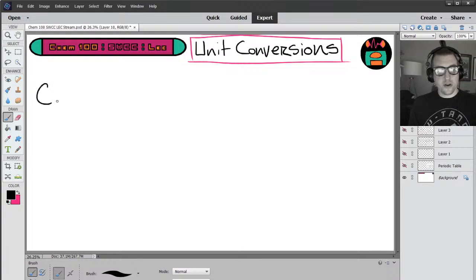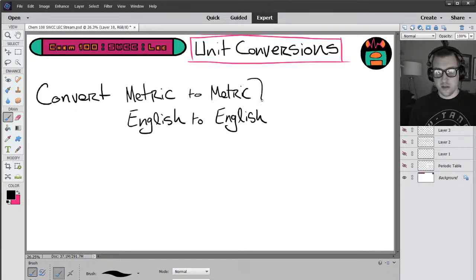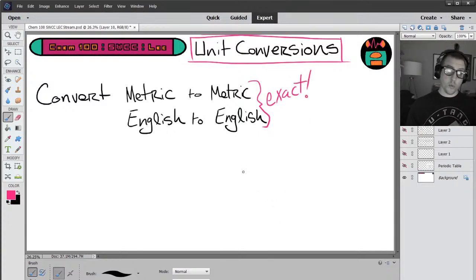Whenever you convert metric to metric, or if you're converting between English units, English to English, all right, whenever you're doing a unit conversion within a system, this is exact. We say it's exact.